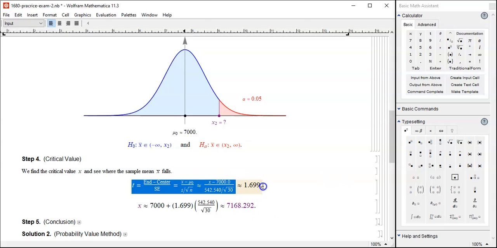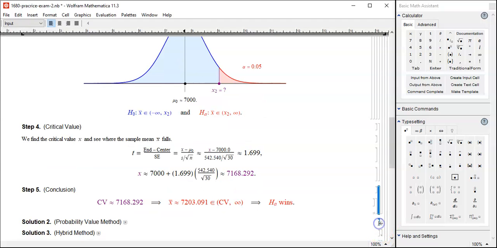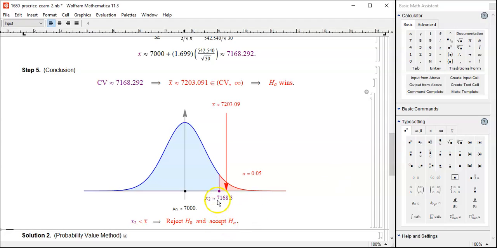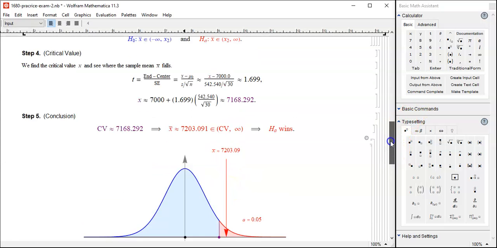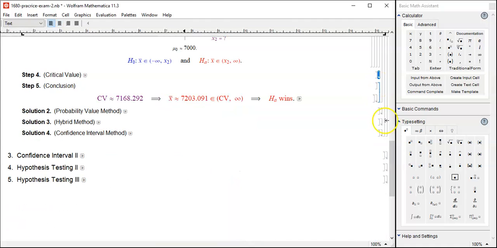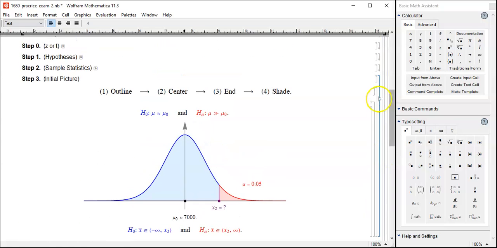Solving this equation by flipping the denominator to the other side, we get the solution. Punch your calculator and you get a value, and compare that value with your observed mean: 7,168 versus 7,203. It falls in the red region, the alternative region, and that's how you test. In my opinion, this is the best, easiest to understand.